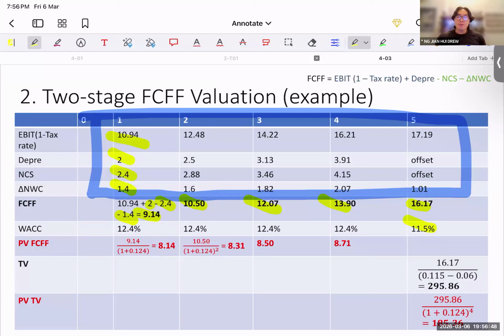We need to determine the present value of our cash flows to start. Recall that valuation is determining the present value of the cash flows. So you present value my 9.14, you present value my 10.5, you present value everything back, the 4 cash flows.